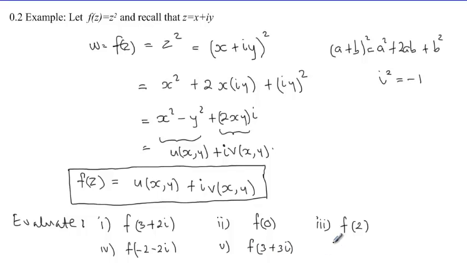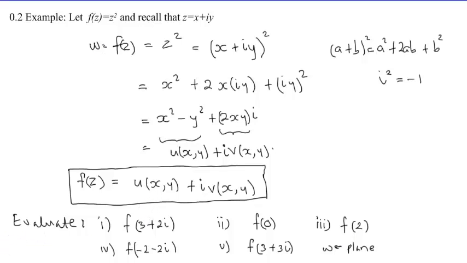Please evaluate these and try to plot your values on an Argand diagram on the omega plane. Here we're talking about the omega plane because f of z is omega.